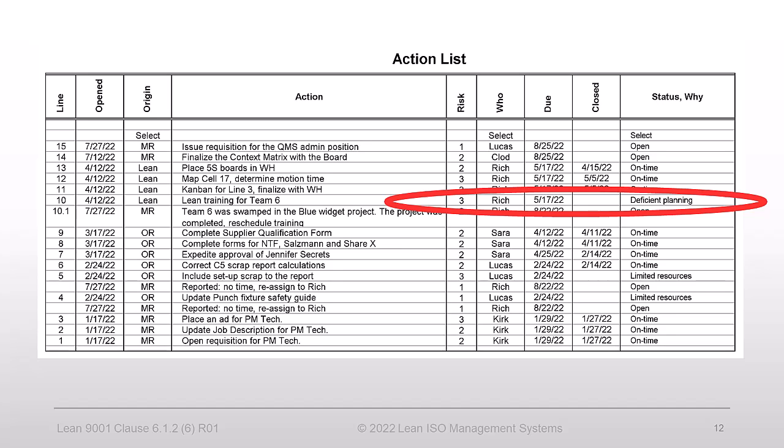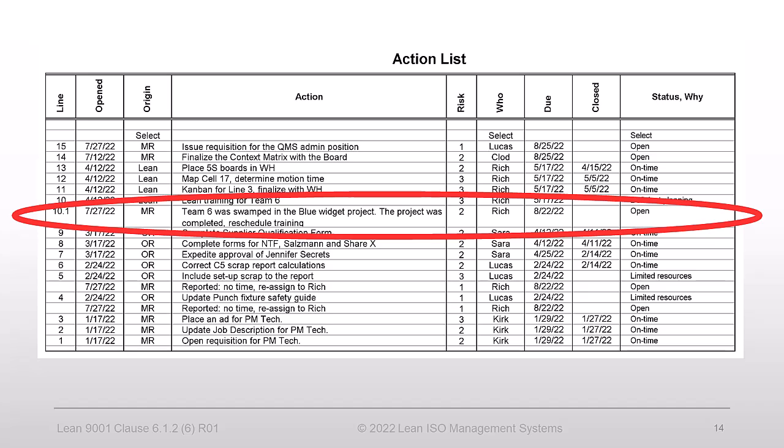Fortunately, our action list format allows us to document both. The delay in line 10 was caused by poor planning. When scheduling training, we overlooked the team's availability. This is a good start, but we also have to keep a record of reassignment of the task.